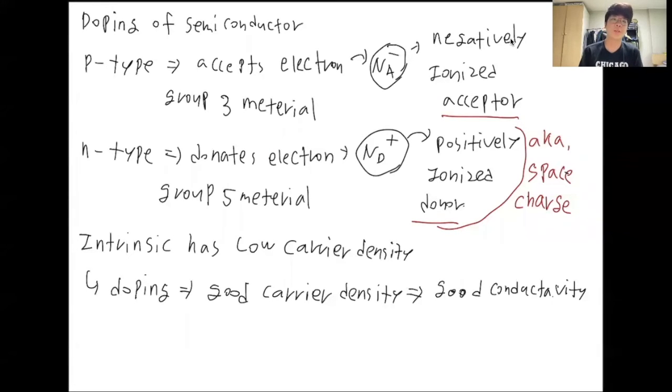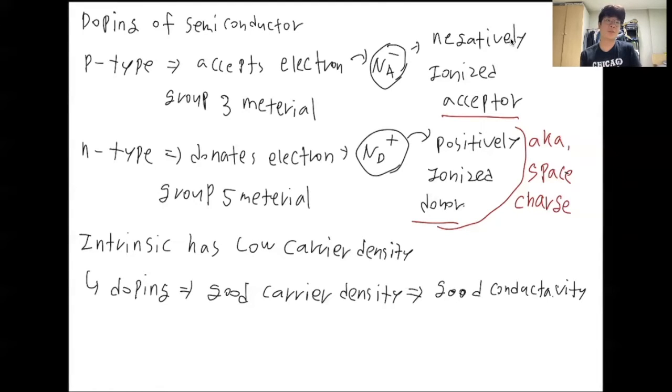When we make semiconductors, we do not use intrinsic semiconductors because they do not have enough free electrons or holes. So we use group 3 or group 5 materials to make more free charges, free electrons or holes. We call them carriers.